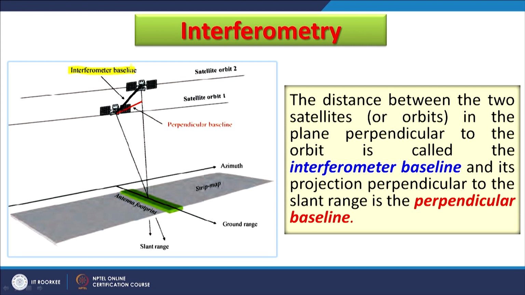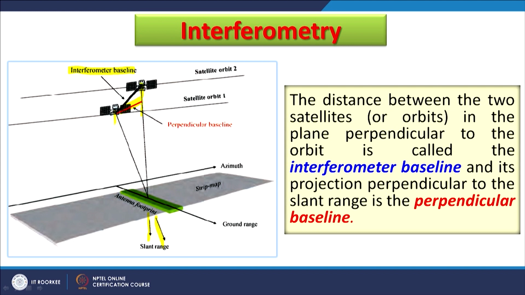The distance between the two satellites in orbits 1 and 2, in the plane perpendicular to the orbit, is called the interferometer baseline, whereas the projection perpendicular to the slant range is called the perpendicular baseline.